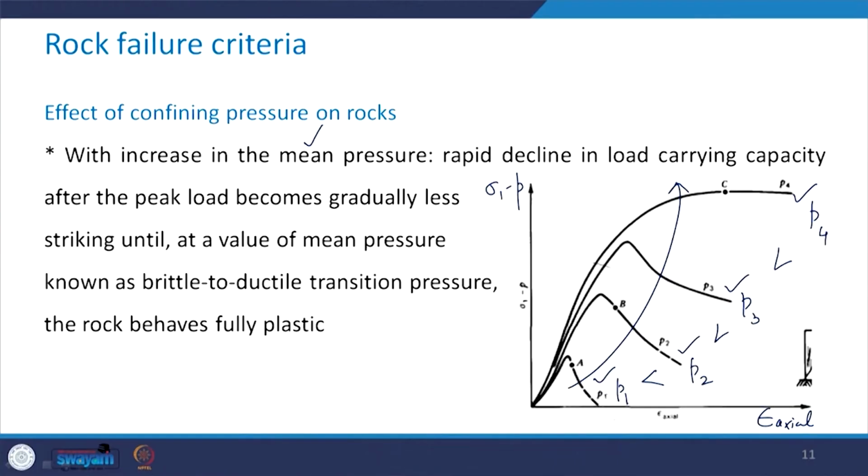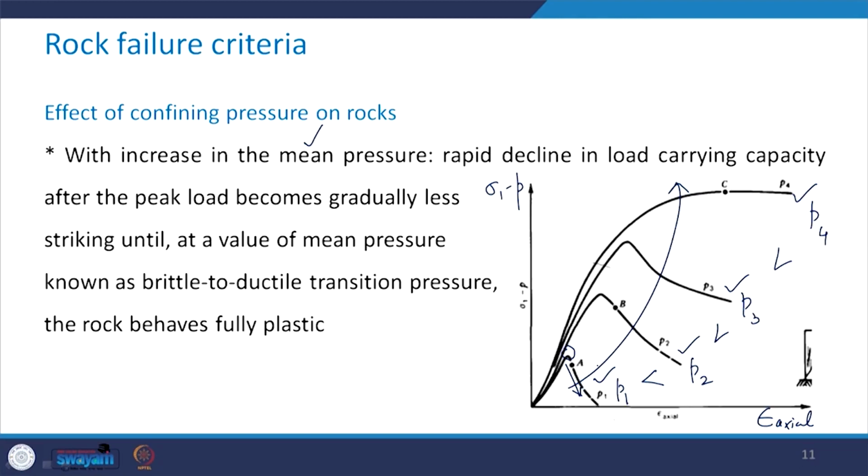Now what is the observation? Take a look at these 4 plots. When this mean pressure is small, you can see that after the peak, that means this location, there is a sudden reduction in the stress strain plot.